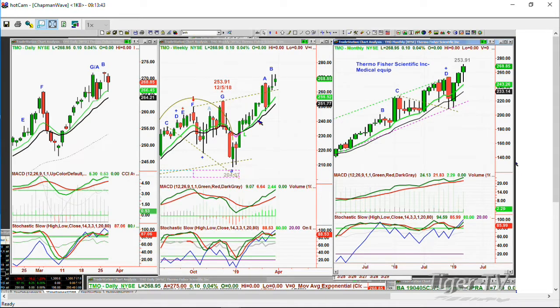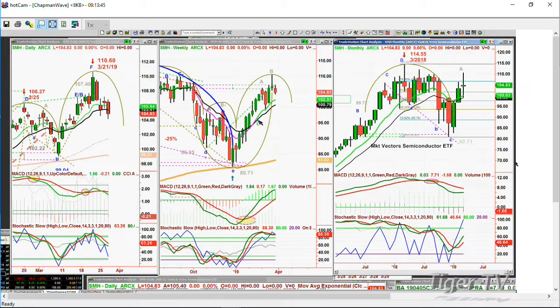Look at the semiconductors. Semiconductors right now trading at 104.83, makes an all-time high of 114.55 back in March, a year ago, plummets down to 80.71 for about a 20, was that a 27, 29? I can't remember. Percent decline, 40, so that's 80, that's 40, that's 54. Oh my, way more than that.